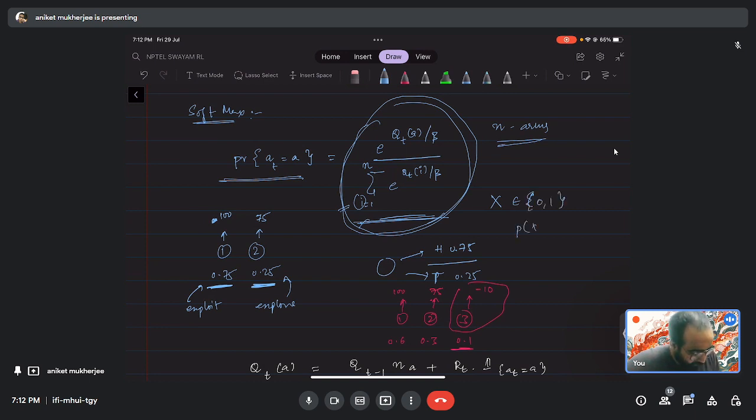The probability of x equal to 0 is say 0.7, and the probability of x equal to 1 is say 0.3. Now I tell you to give me one sample of x. It could be 0, it could be 1. But the more times you sample, the more times you will get 0 than 1.